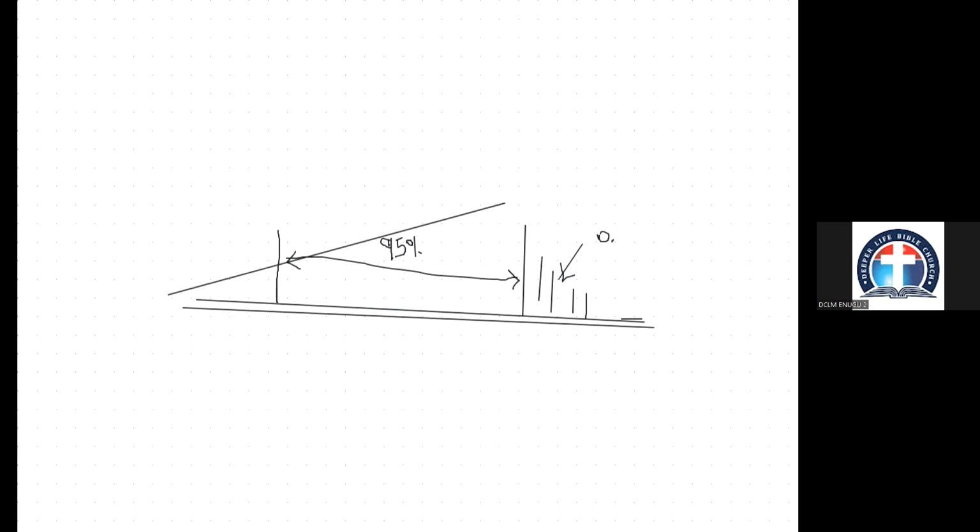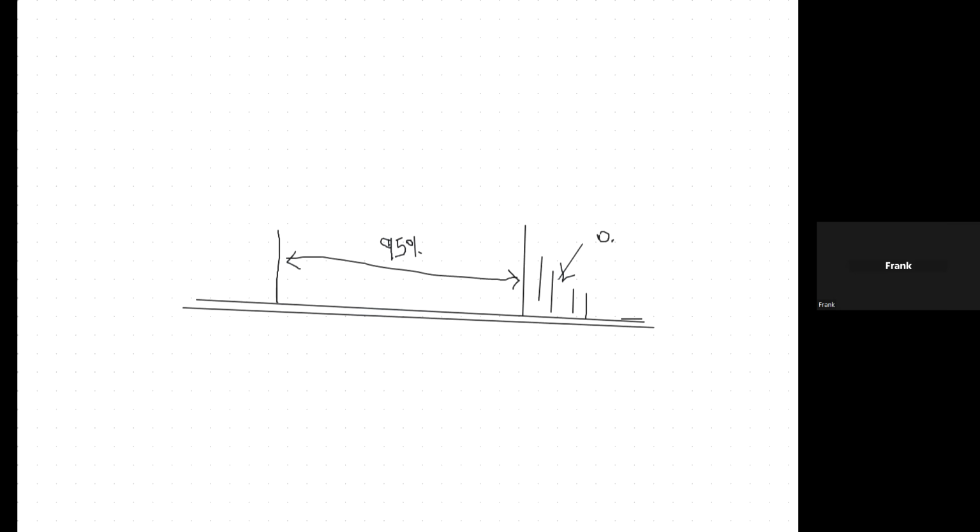What can you see on the slide? What can you see on the whiteboard? I'm seeing a goalpost.